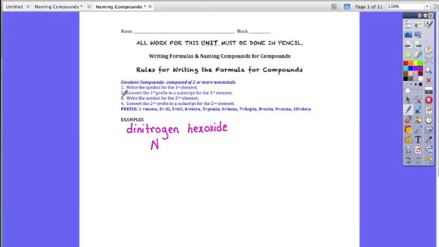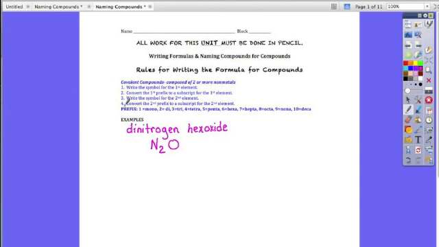Step 2, convert the first prefix to a subscript for the first element. My first prefix is di. And right here, I find that di is equal to the number 2. So the 2 becomes the subscript for nitrogen. Step 3 says write the symbol for the second element, which is oxide or oxygen.